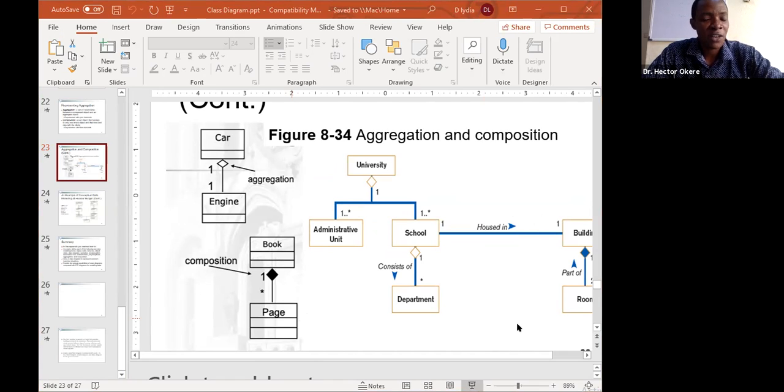Well, it might not be only offices in a department. A department can also have classrooms or something, okay? So just be careful when using composition and aggregation, because it might make you lose marks. But if you understand it and you use it well, you will get your full marks, okay?